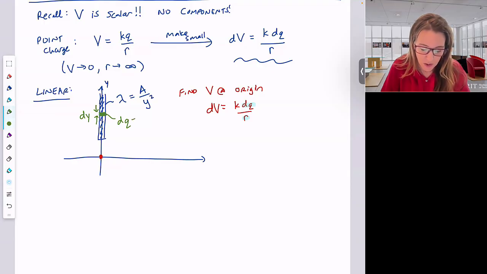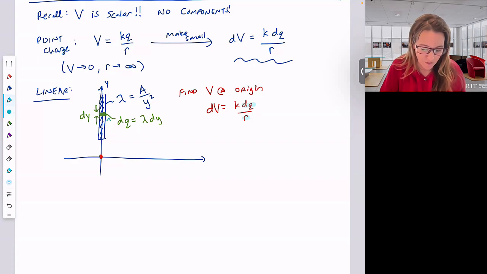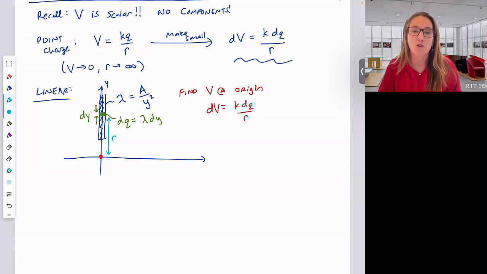And so dq, just like before, can be found. The tiny bit of charge is going to be equal to my charge per length, that's my density, times the tiny length, which is dy. And then R, just like with electric fields, R was the distance from the point where I'm trying to find the potential and my dq.